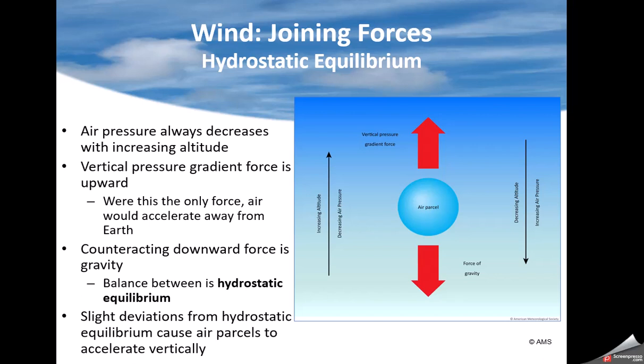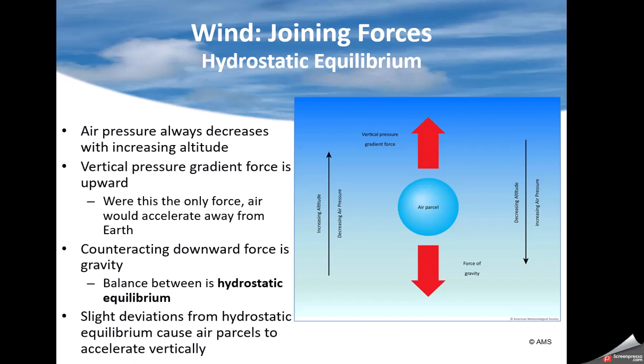So if you got rid of gravity, all the air would just fly away because of the pressure gradient. But by keeping gravity in, that balance causes an air parcel not to move. We'll define an air parcel as, I don't care, 50 feet of air, 10 feet of air, it's round in a circle. You choose. But that is hydrostatic equilibrium.